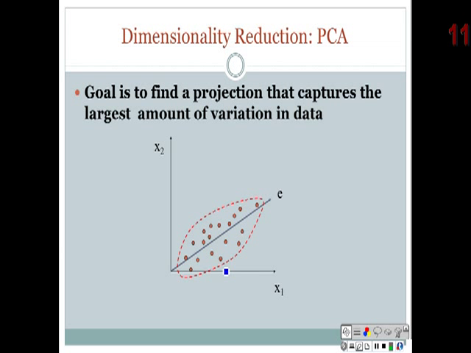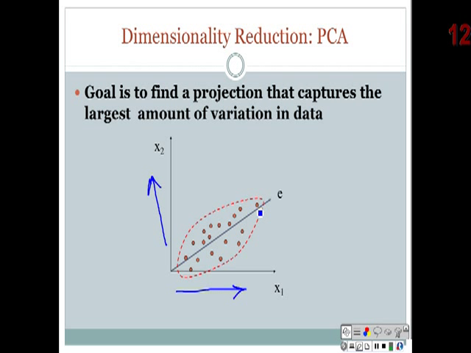One way of reducing dimensionality, as I said, is principal component analysis. For example, here I am in a two-dimensional space, and I use something that principal component analysis relies on, which is the projection of the data.